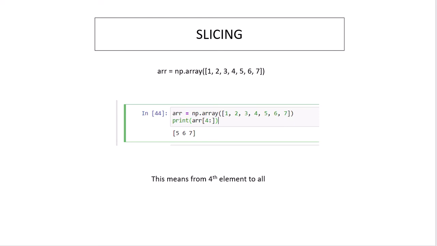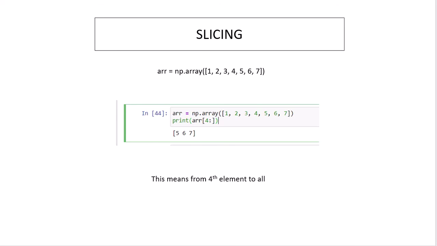Just listen to this, because it can get a little confusing if I had written, suppose, 4 colon 9 or 4 colon 8. But here it is only going to extract all the elements starting from the given position to the maximum element present, no matter what you're providing it with.